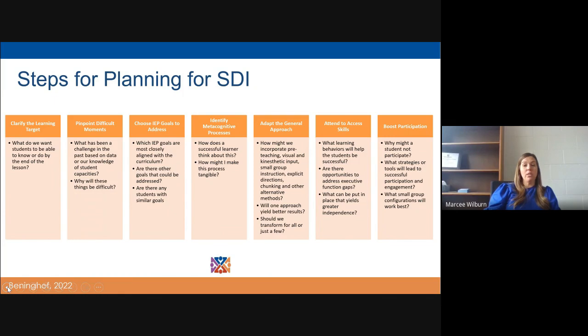Maybe it's ordering those events. Maybe it's simply turning in that assignment as an executive function piece. Maybe it's like if you've ever seen the chart that is get ready, do, done. What does that look like for our students so that they know when they've completed each of the story elements?